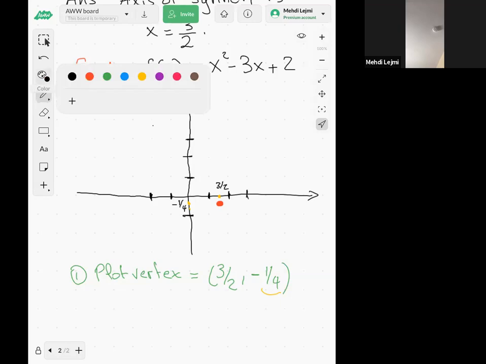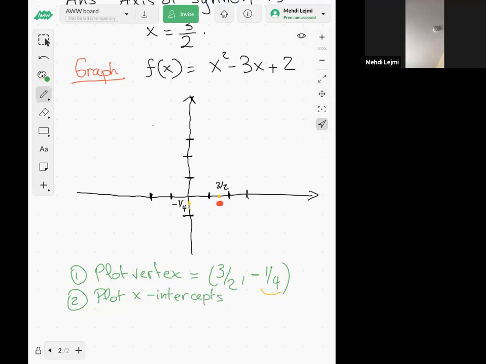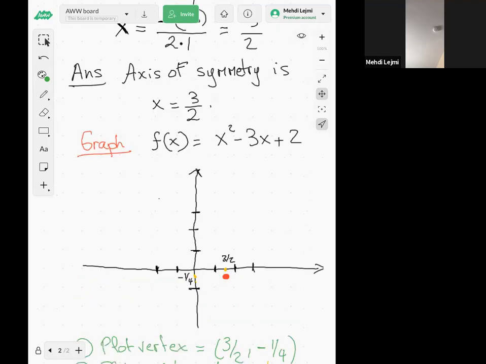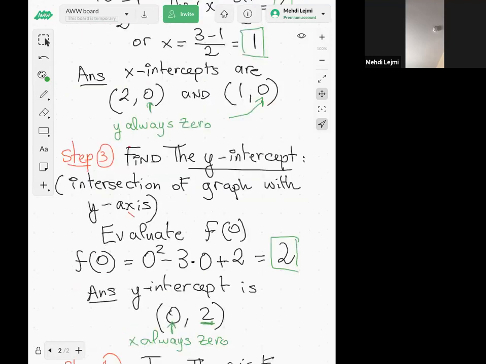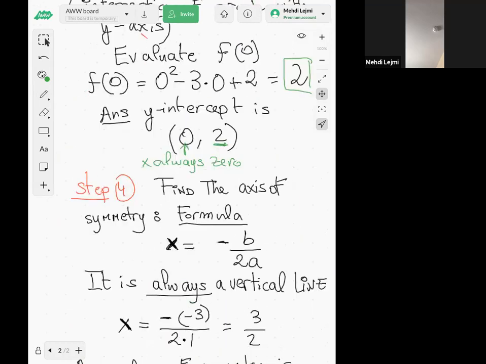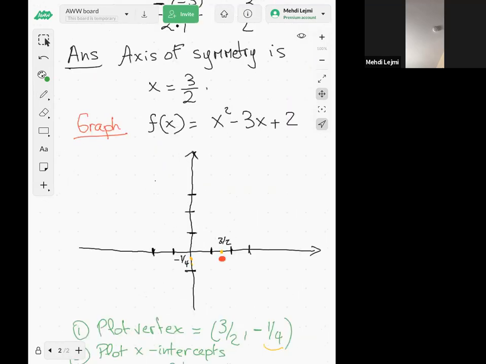Now I'm gonna plot the x-intercepts and the y-intercept. Right. So the x-intercepts we had are 2, 0, and 1, 0.